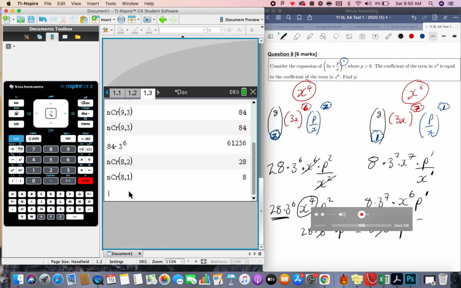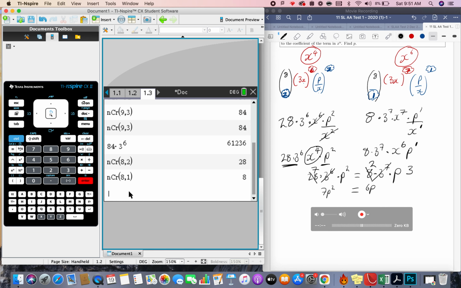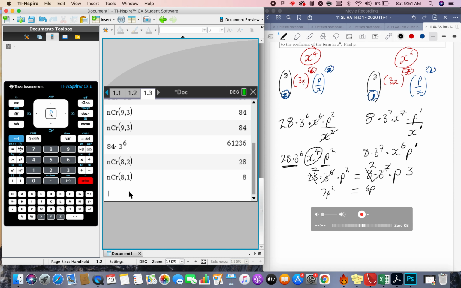That will just leave a 3 on this side. If I divide both sides by 4, can you see that? We can actually do this without a calculator. So on the left-hand side, we've got 7p squared. On the right-hand side, we've actually got 6p. Now, what you must not do at this stage is divide through by the variable p, because we will lose a solution.